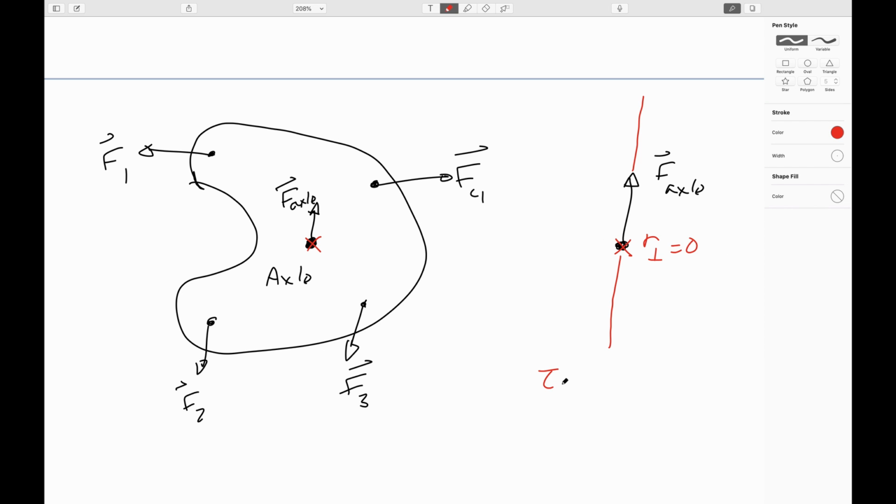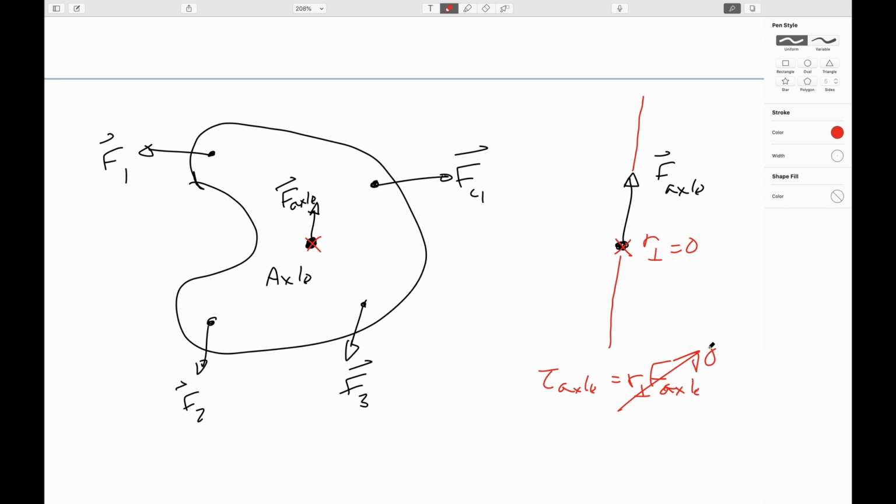So then the torque due to the axle itself on the object is also 0. It's kind of a handy result to keep in your back pocket. So what we realize is that the axle itself doesn't attempt to cause things to twist.